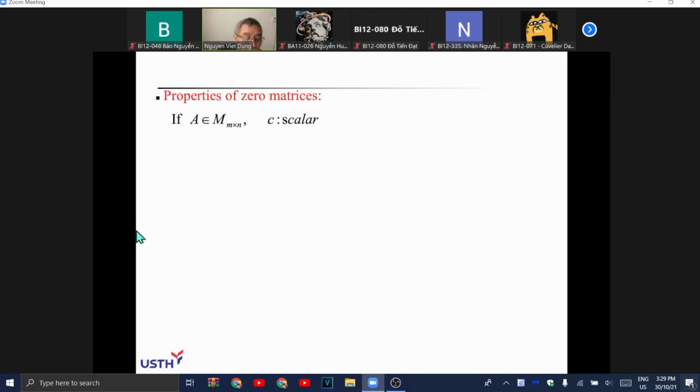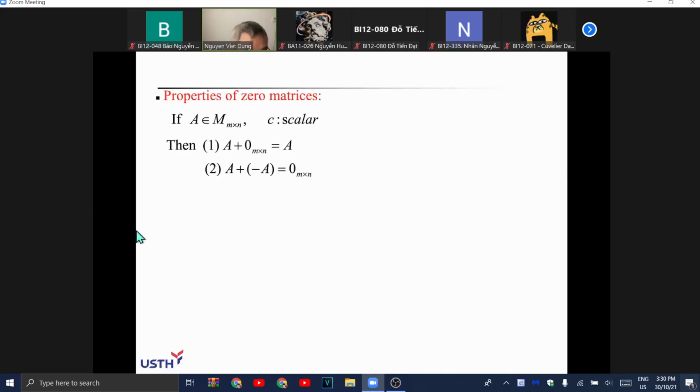Now the properties for zero matrices. First, if A is any matrix of any size m by n, then A plus the zero matrix, nothing changes. You get A again. Of course, we need 0 and A to be of the same size m by n.